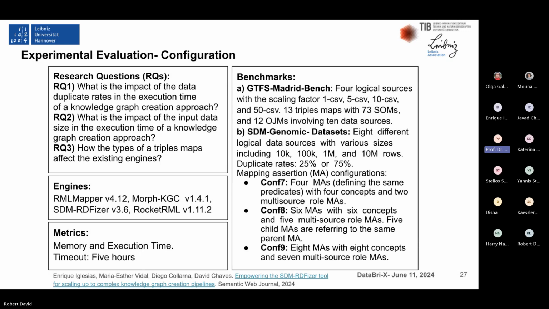In this case, what we have done is to use state-of-the-art engines, for example, RML Mapper, MorphKGC, the SDM-RDFizer, and RocketRML. And not only do we use the engines that are in the state of the art, but we also use the standard benchmarks for assessing the performance of these engines.